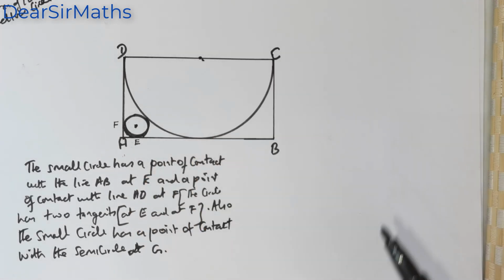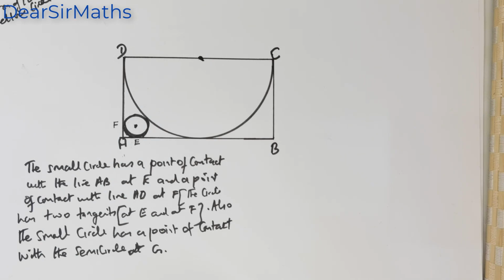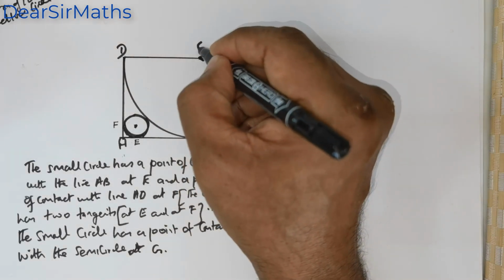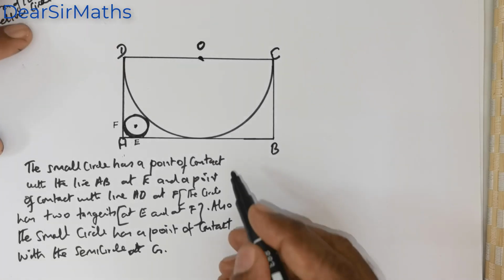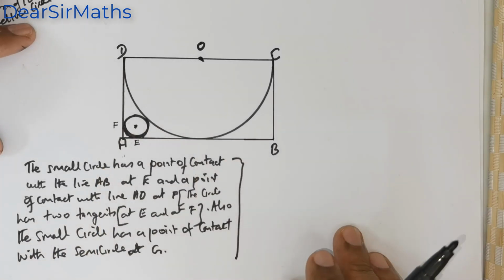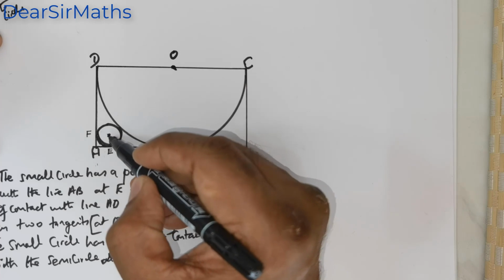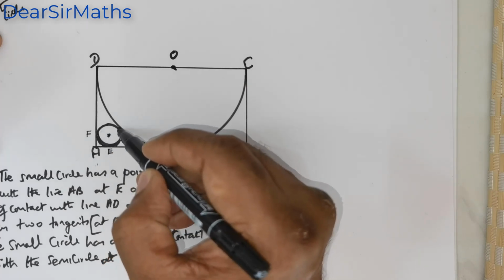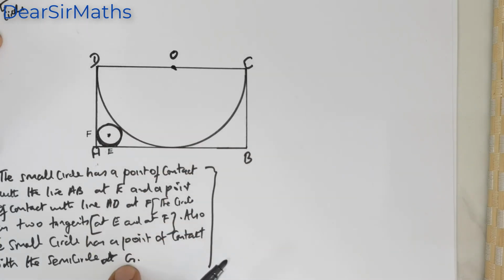Now this is the center for the semicircle, so I'm just taking it as O. This is for giving an air of clarity to the figure. As I mentioned to you, there is a point of contact that the small circle is making with the semicircle, so I've taken the point as G.